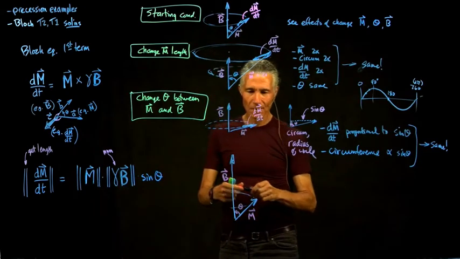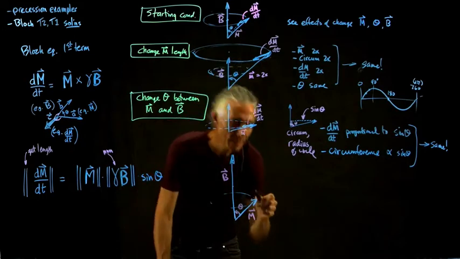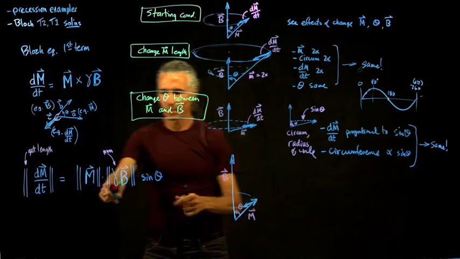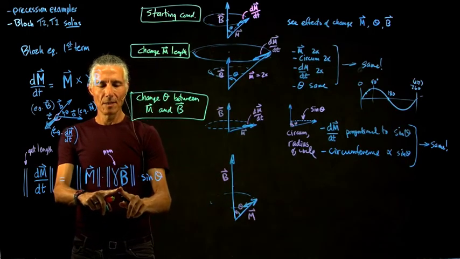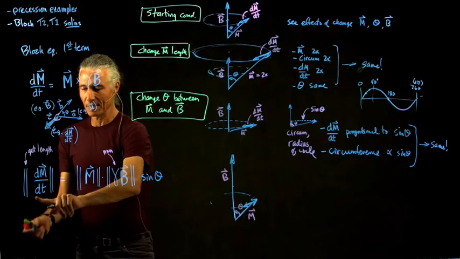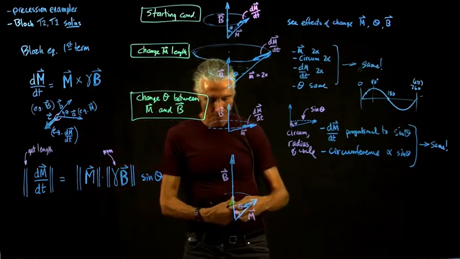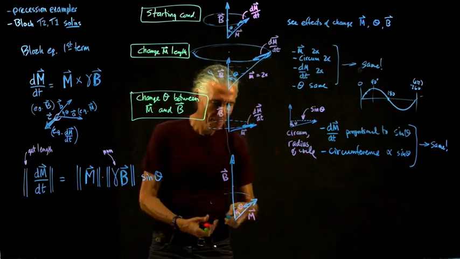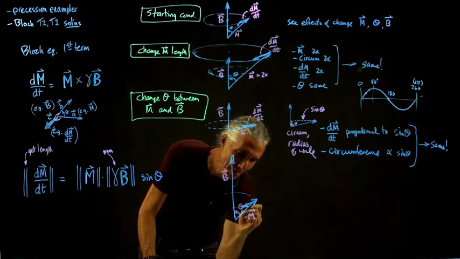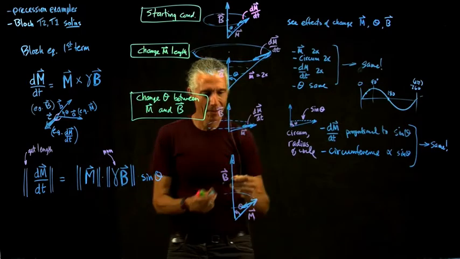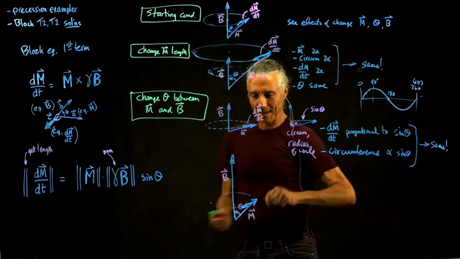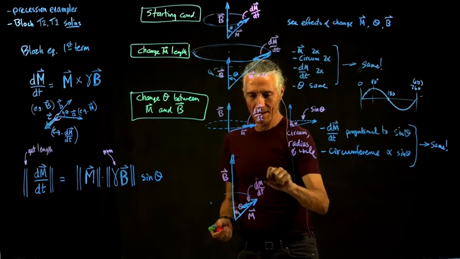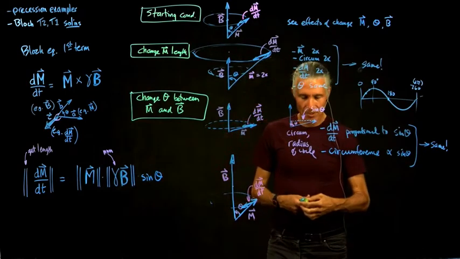So what happens? Well, we increase dM/dt by a factor of 2, because we just increased B by 2, multiplied this side by 2, and that just makes this twice as big. So the end result is, let's make sure that one looks bigger, make it nice and big. So that's dM/dt.